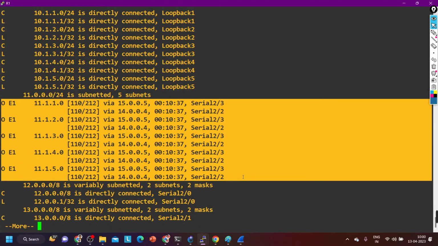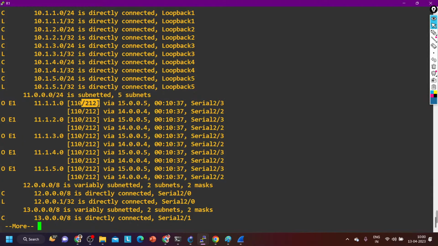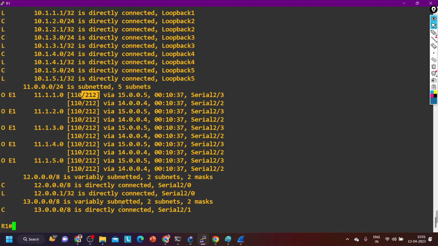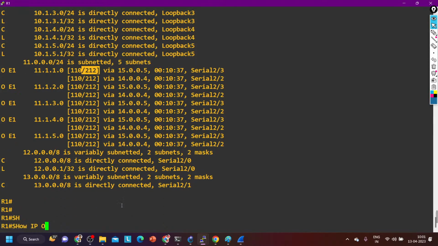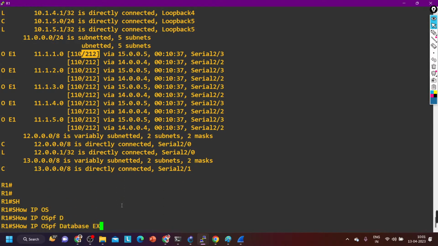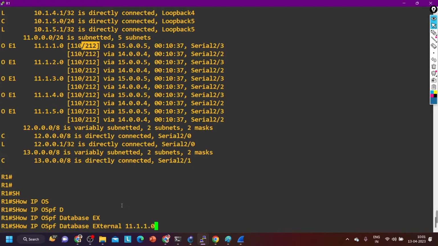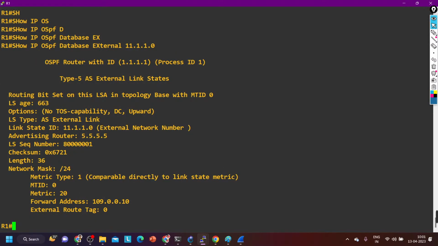Actually, the router is performing equal cost load balancing. And what is the metric? 212. How will this router calculate this metric? So, show ip ospf database external 11.1.1.0. What is the metric over here?